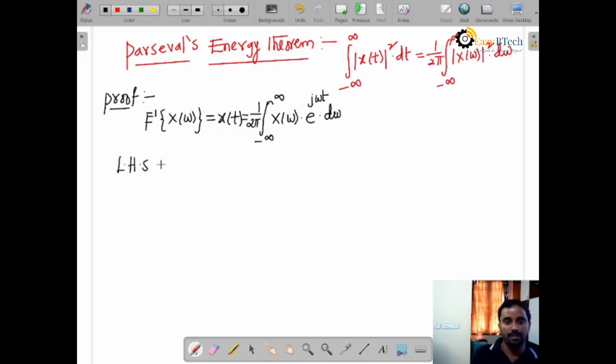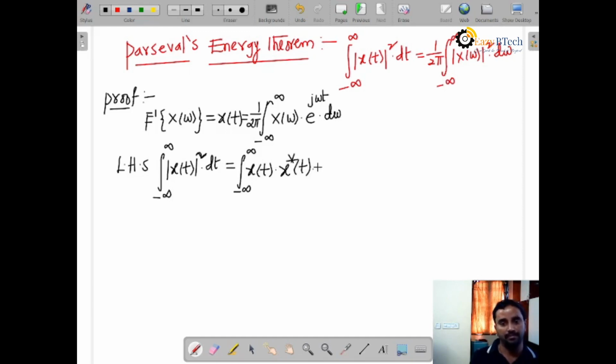Now this LHS, the left hand side, what do we have on the left hand side? The integral from minus infinity to plus infinity of the magnitude of x of t whole square dt.